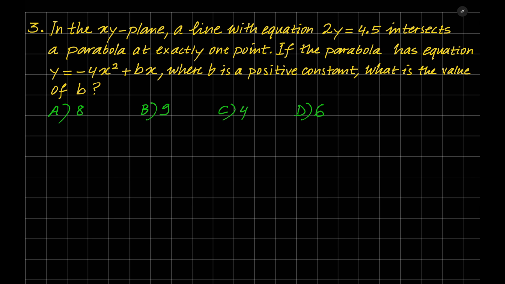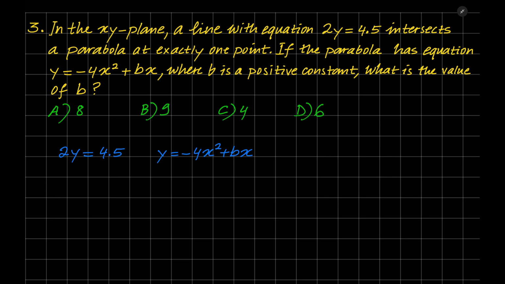It is given that a line with equation 2y equal to 4.5 intersects a parabola with equation y equal to minus 4x squared plus bx, where b is a positive constant, at exactly one point in the xy plane.